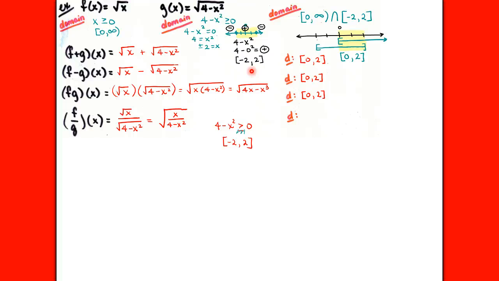Can't be equal to. How do we represent equal to? With brackets, right? So I have to take out the brackets. If I take out the brackets, what would I replace them with? Parentheses, exactly. So all I would have to do is change my brackets to parentheses.